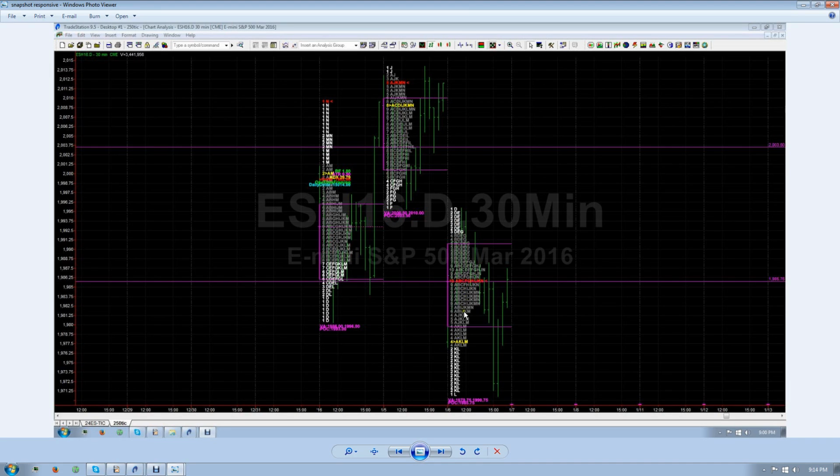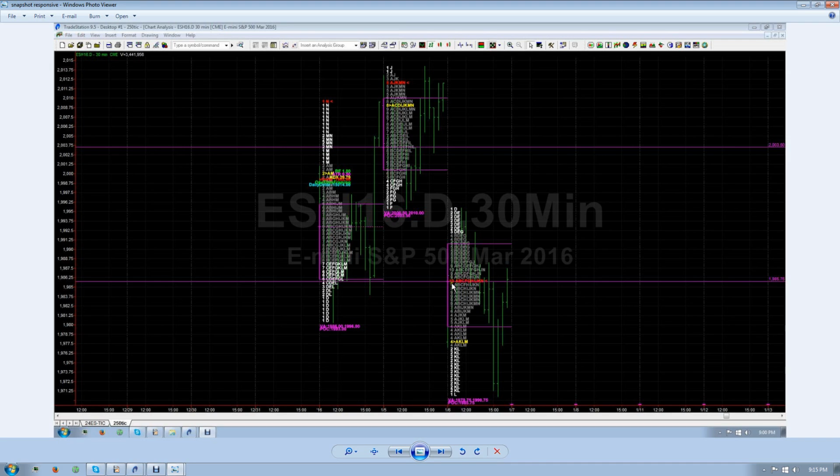And now this profile here also is responsive activity, because you can see here's the prior day's close, and the market opens up way down here where this yellow stuff is, and you can see the A period and B period, and the thing moves up all the way through D period, and it tests the prior day's low, and there's no interest in getting into the prior day's range, and so D period, it just sells off for the rest of the day until the close, L period, and the traders just want to go home flat, so they just snap it back into value, at the point of control.